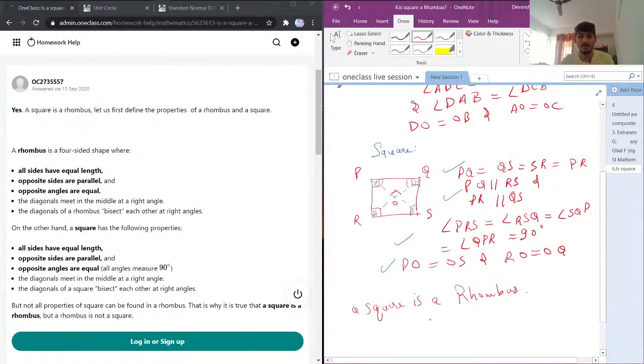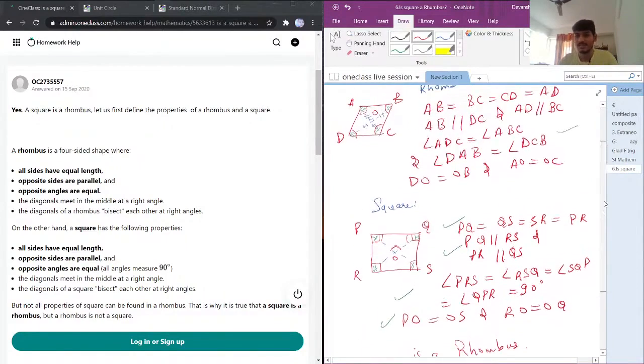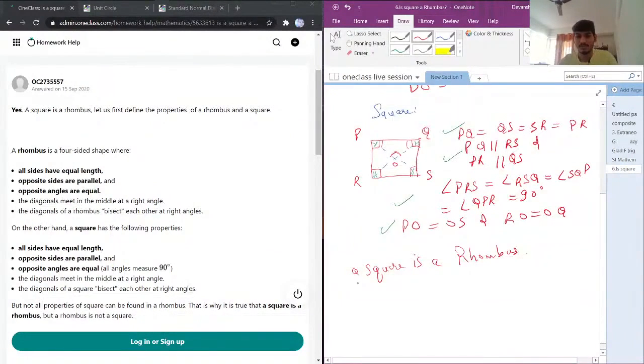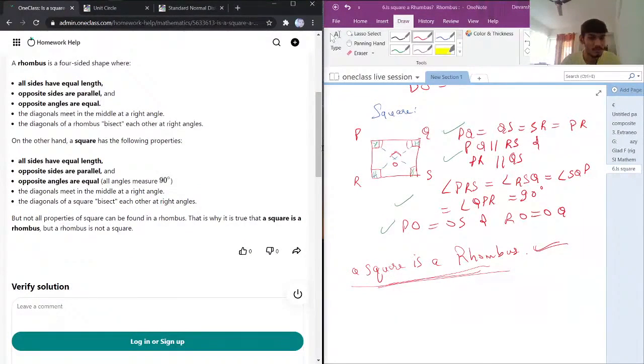Not every rhombus is a square, because the condition for a rhombus to be a square is that all the interior angles should be 90 degrees, and in every rhombus this condition is not satisfied. So a square is a rhombus, but the opposite is not true.